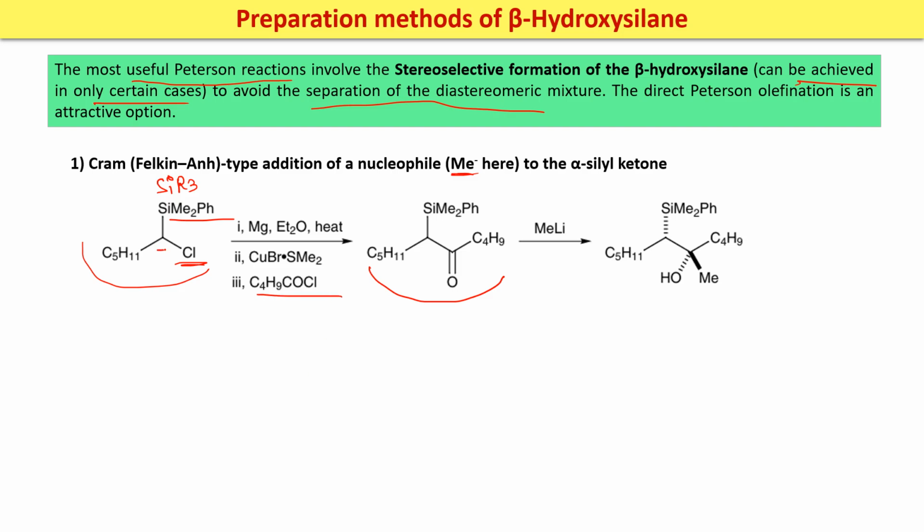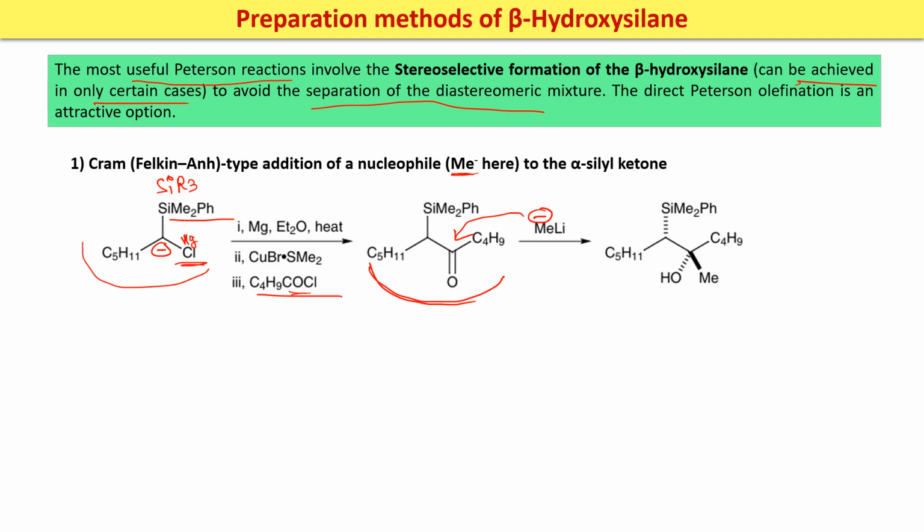There will be a negative charge after MgCl formation. This negative charge will attack this COCl, Cl will be removed, and you will get this alpha silyl ketone. In this alpha silyl ketone, if Me attacks at this position, that will be Cram type addition. So only one of the diastereomers you will get as the major product.